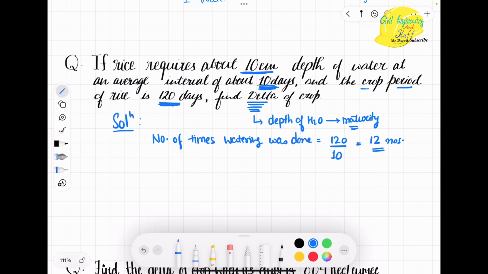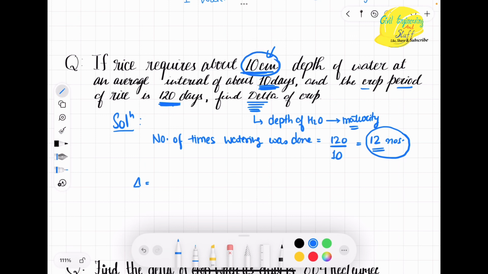because the crop period is 120 days, and during these 120 days we are supplying the water every 10 days, and each time we are supplying 10 centimeter depth of water. As delta is the total depth of water that we have supplied, we are watering the crop 12 times, each time supplying 10 centimeters.